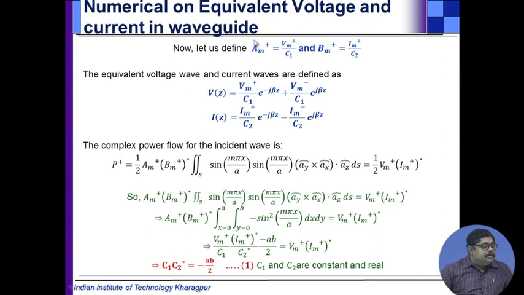So, this is a voltage side quantity that we are making proportional to Vm plus, the magnitude of the voltage wave, and the magnetic field part we are making proportional to the current. This proportionality constant is C2. So, this C1, C2 value finally we will have to find. Now, equivalent voltage and currents are like this.